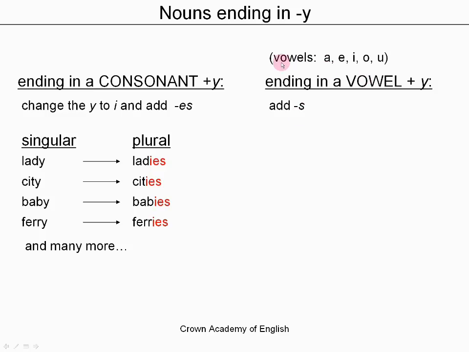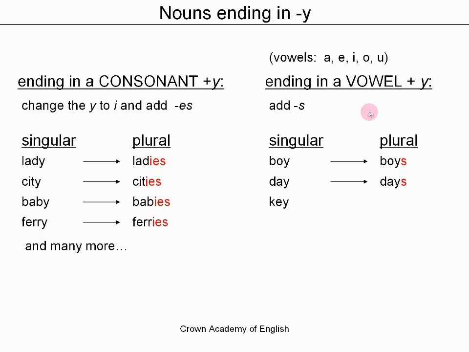So a reminder, a vowel is the letter A, E, I, O or U. Okay? So boy, boys, day, days, key, keys. Okay?